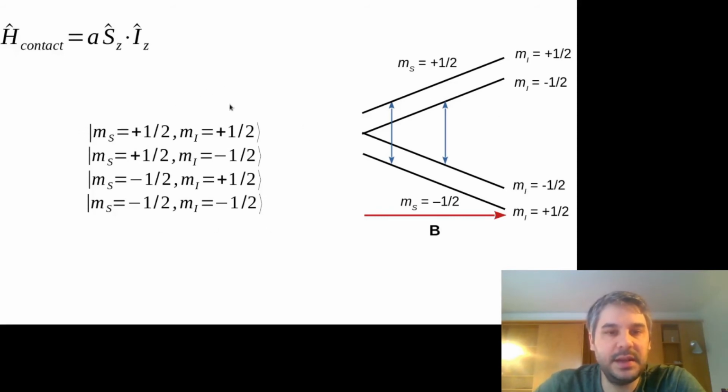These states are defined using Dirac notation as kets, with mS equal +1/2, mI equals +1/2, then mS equals +1/2, mI equals -1/2, etc. So we list all four possible combinations of the nuclear and electron spin.